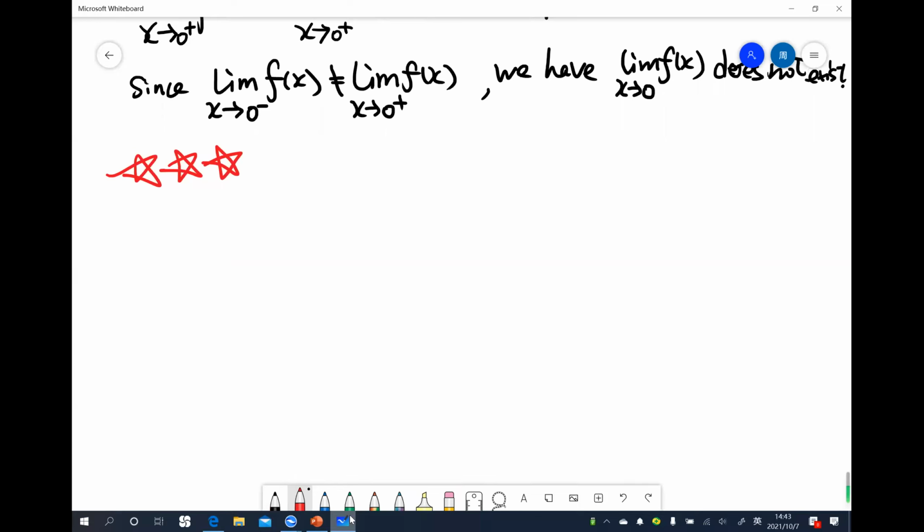So the formula is: the limit of sine x by x as x approaches 0 equals 1. The limit of this function is 1. And the proof of the limit you can see from your book, and I will not write it here.